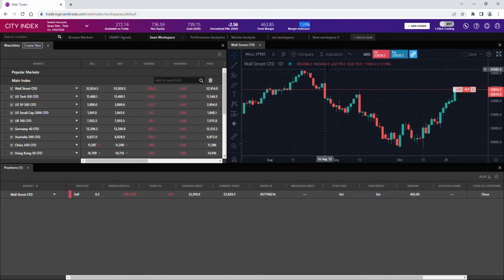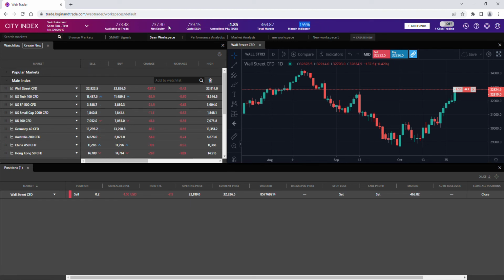So how does the margin indicator go to 0%? Simply, your net losses are more than your cash. Because you are over leveraged, your available to trade falls to zero. How do we calculate this 159%? We simply use your net equity divided by your total margin, and you will get 159%.